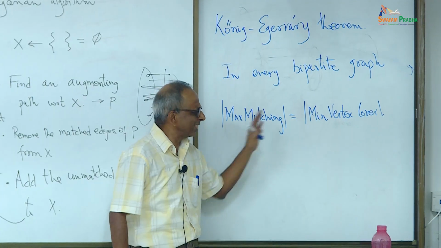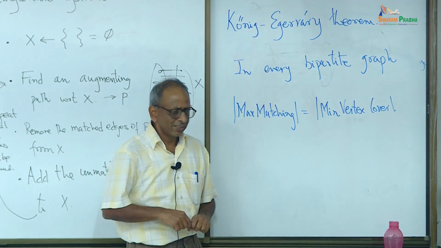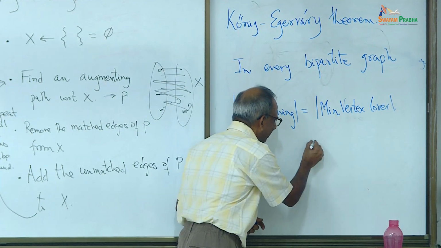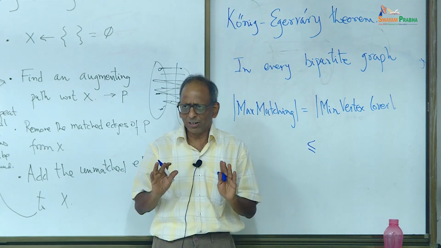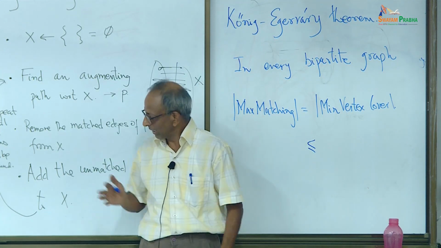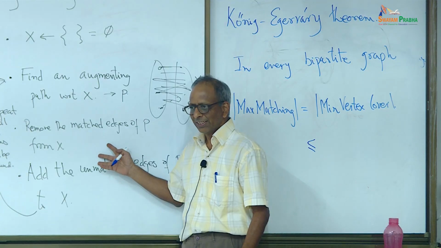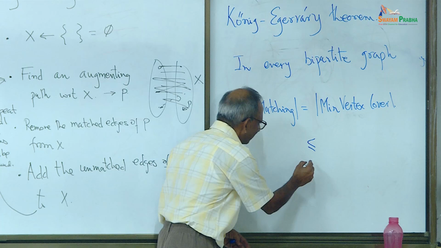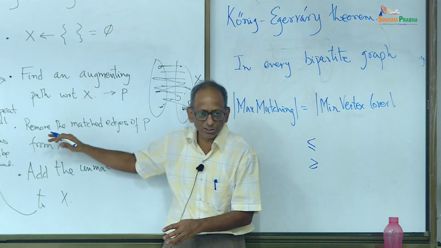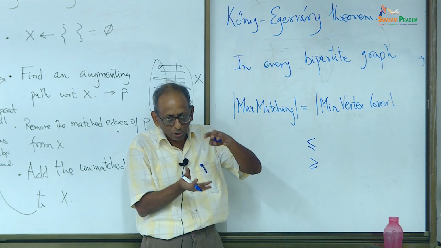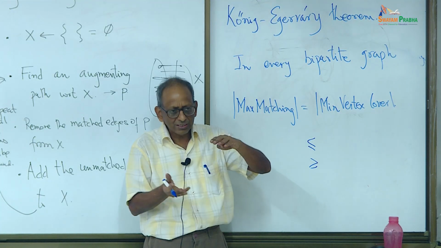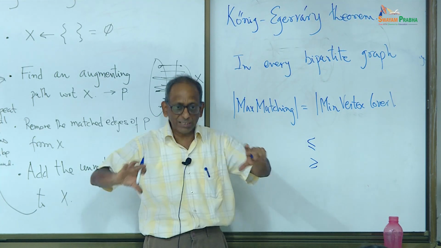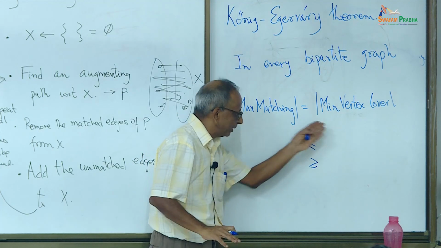Which one is obviously smaller than the other? Maximum matching is always less than or equal to minimum vertex cover. That is always true. But the magic of this algorithm is that the opposite is also true. When this algorithm stops, it finds both a maximum matching and also a minimum vertex cover of the same size. And that's why they must be equal.